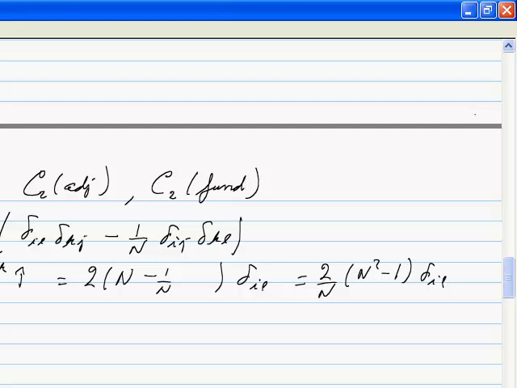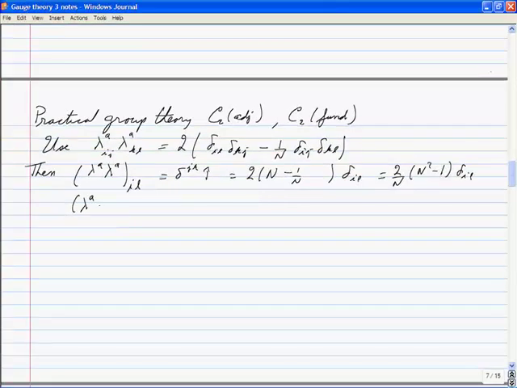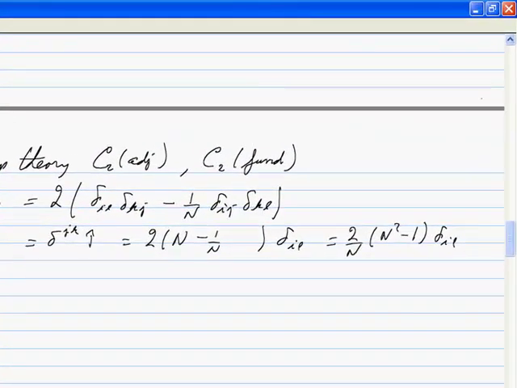Okay, that's that guy. I want to do lambda A, lambda B, lambda A. So what happens if I have a matrix in between the two A's that are summed over?